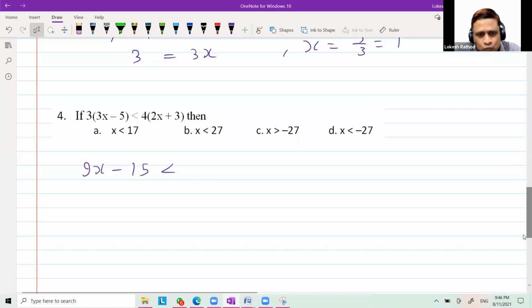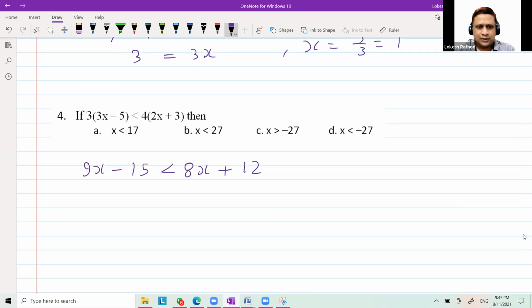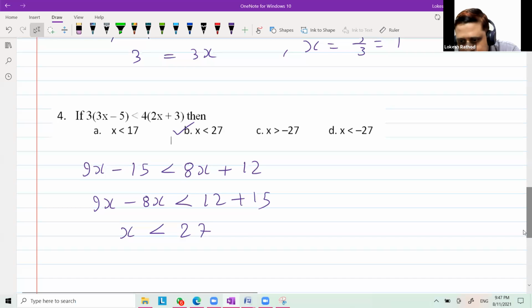This time 4 times 2x, 8x, plus 4 times 3, 12. X one side, number other side. So 9x is here, minus 8x this side, 12 is here, 15 to the right hand side, plus 15. Right? So I got x less than 27. That is this thing. Fine. Okay.